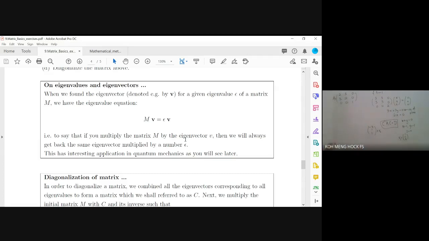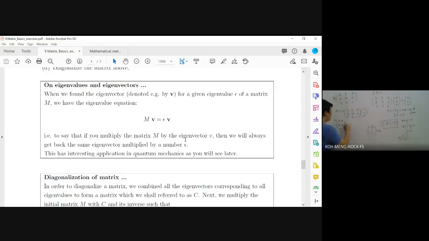So let's say if you take A multiplied by V1, let's try this. So let's say we take the matrix 2, 3, 0; 3, 2, 0; 0, 0, 1, and you multiply by the vector 1, minus 1, 0. Okay. So here you have 2 minus 3, then 3 minus 2, and then 0.